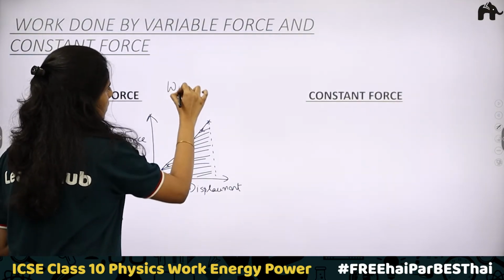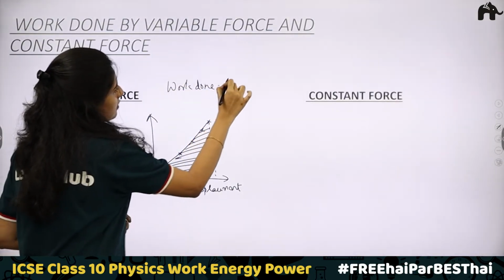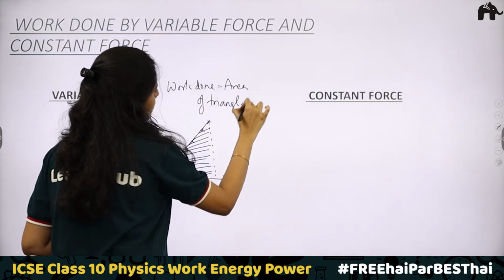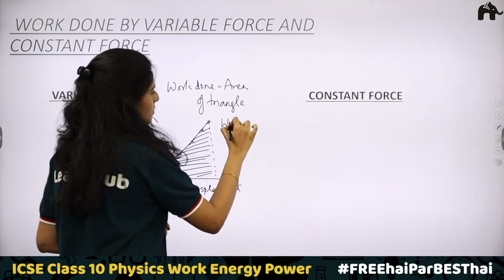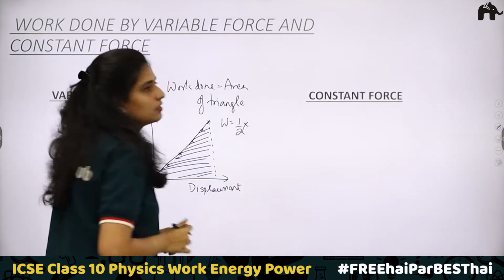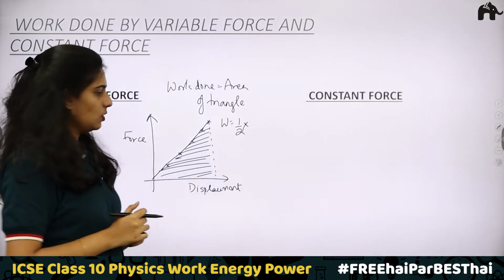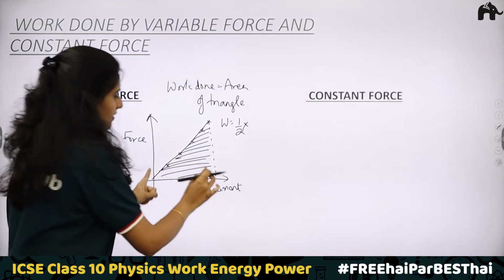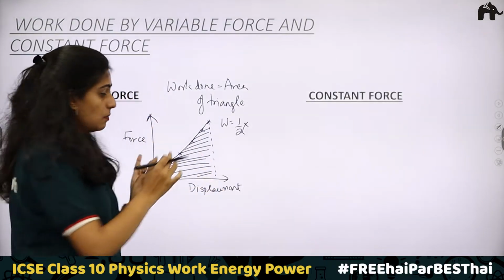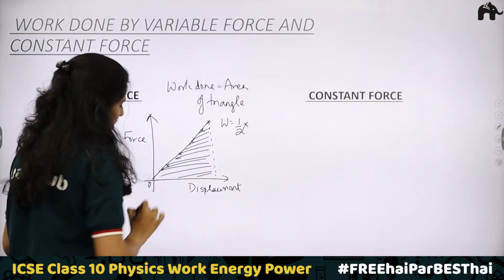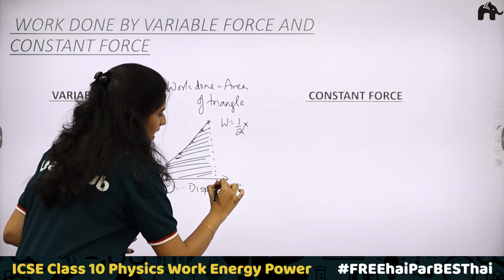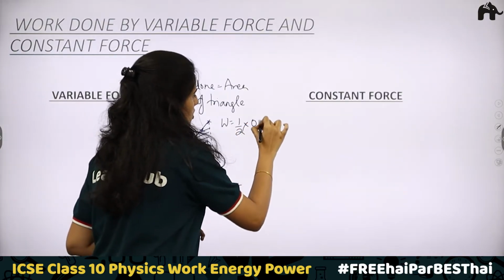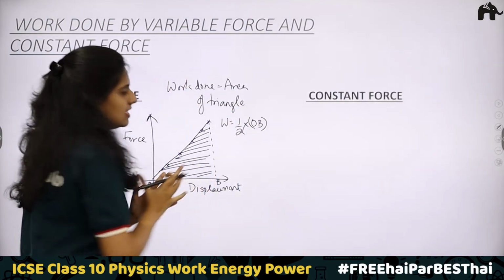Here work done is equal to the area of the triangle. What is the area of a triangle? W is equal to half into base into height. Here we have the base and this is the height. Base is the displacement. From a point O, it has moved to a point, say, B. Origin to B. So OB is your base, that is displacement.